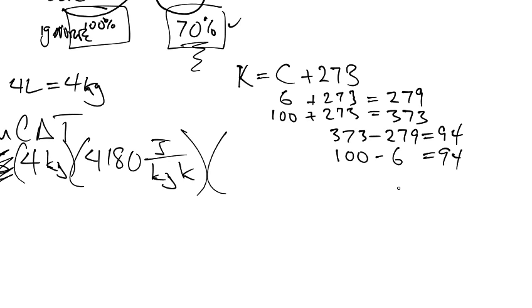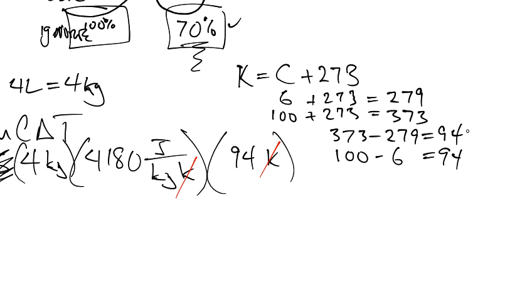So what's interesting to note is you don't need to actually do the conversion to Kelvin when you're doing the subtraction. It's good enough to say 94. Now listen, what are the units on this? Well, we have to use Kelvin. Why do we have to use Kelvin? Because it has to cancel with that unit there.